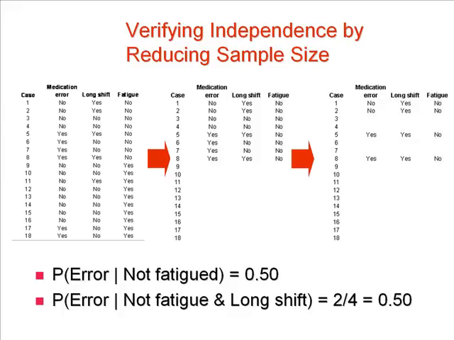But consider the situation where we were examining these two events among cases where the provider was fatigued. Now the population of cases we are examining is reduced to the cases 1 through 8 and is shown in the central table. With this population, the situation is different, and medication error is independent from length of shift when the nurse is already fatigued.